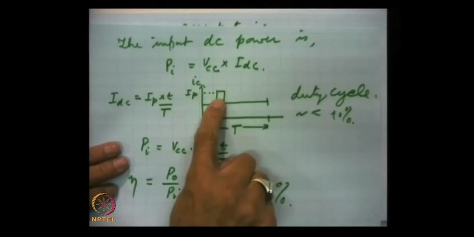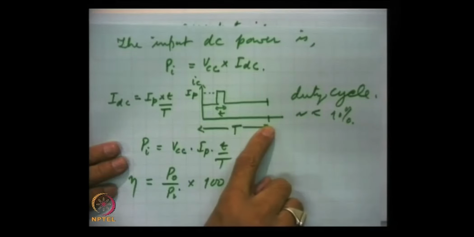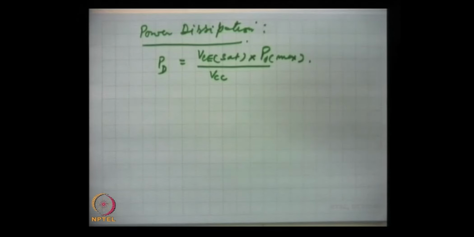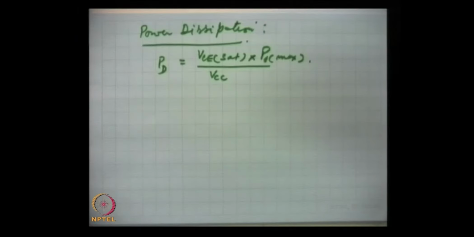But normally in class B we use push pull amplifier, and then we took class C operation. In class C operation, the conduction is for a very short time as compared to the period of the wave. That means the duty cycle is kept close to 10% or less.